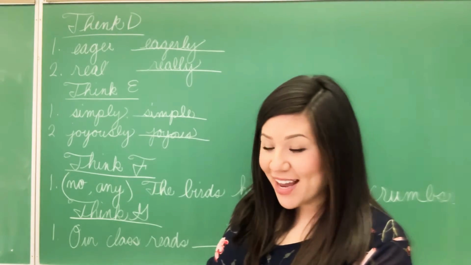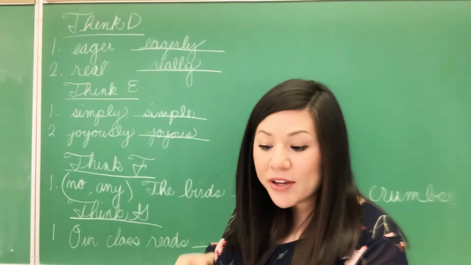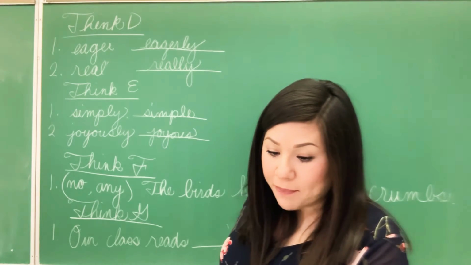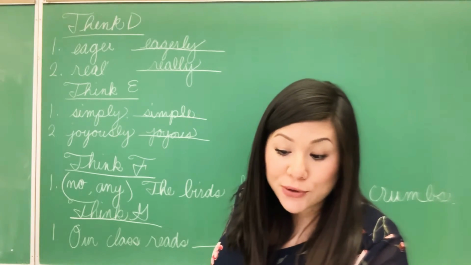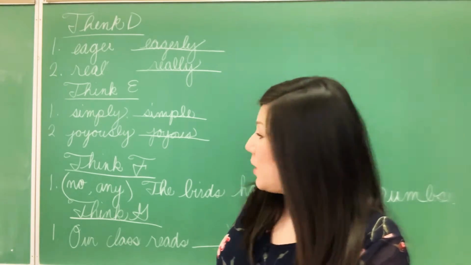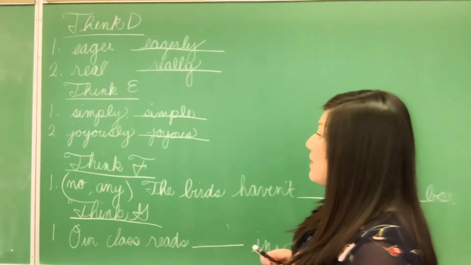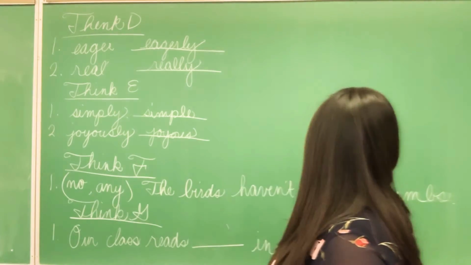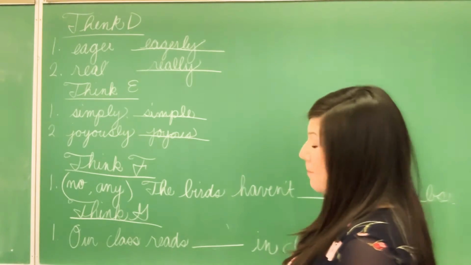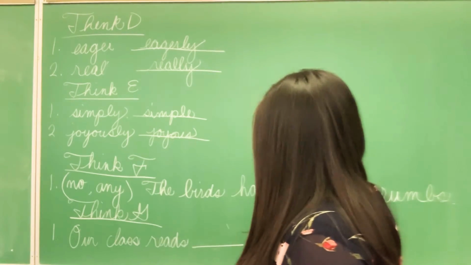All right. The next one, think F. Fill in the blank with the correct choice. Number 1, I just did number 1 with think F for you, and you're going to finish numbers 2 through 5 there. But let's do number 1 together so we get an idea. Okay, and think F says this: no, any, you have to choose one of the 2 there. The birds haven't blank crumbs.